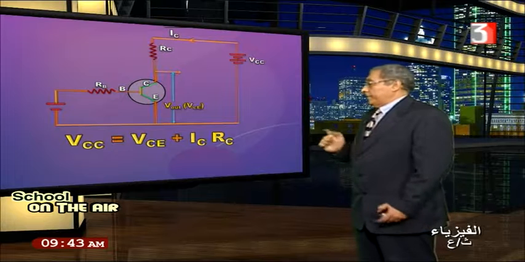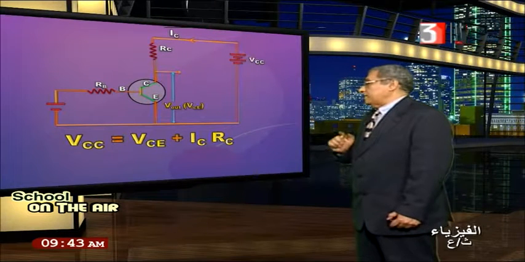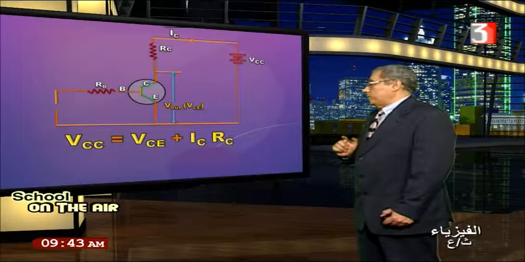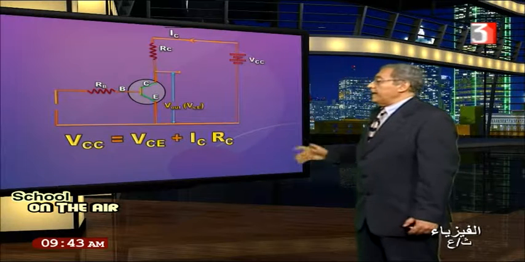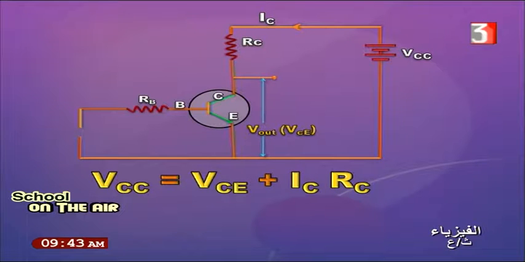Your attention please. I'm explaining how it will act as a switch, to turn on and off. If we don't have a cell here, what happens? We said we have no current in the base. No current flows through the base, no current flows through the collector. So IC equals 0.